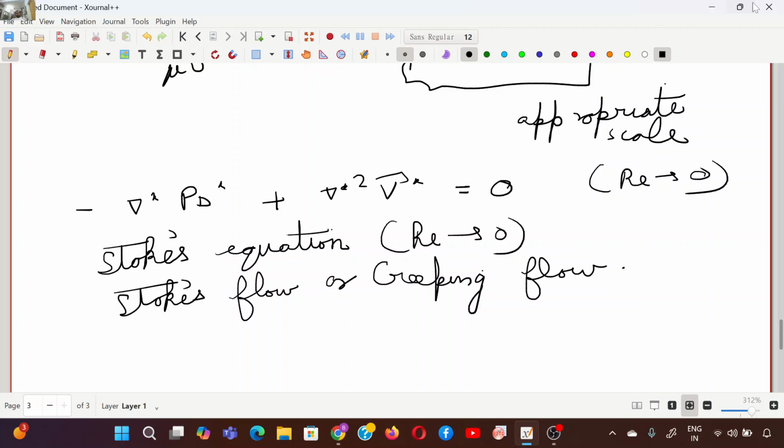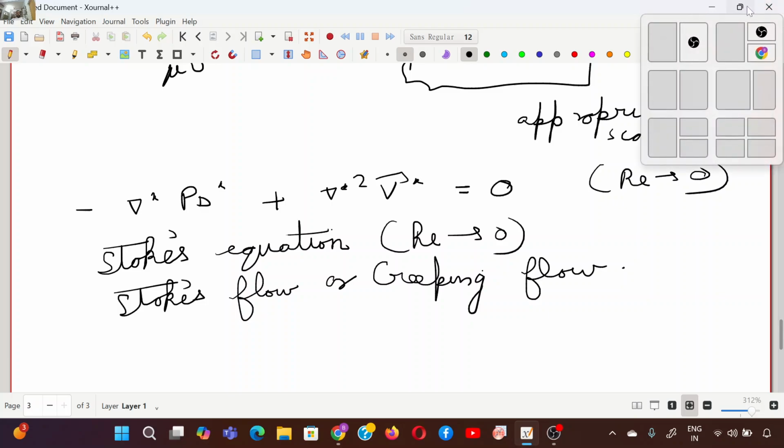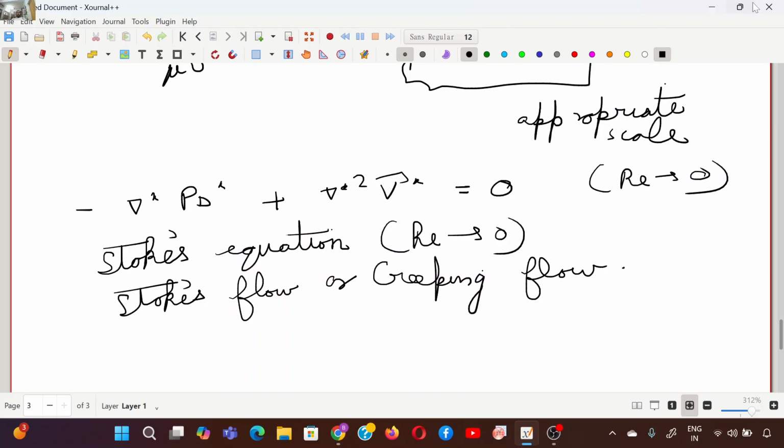Okay, now if you again dimensionalize this, what do you get? Tell me. Del star you write in terms of del, PD star you would write in terms of PD, del star square V star like that. Okay, so what do you get?